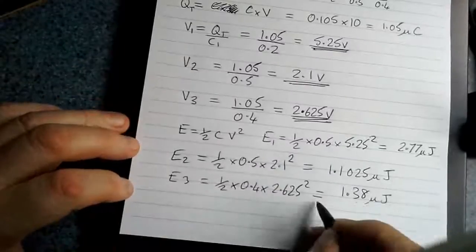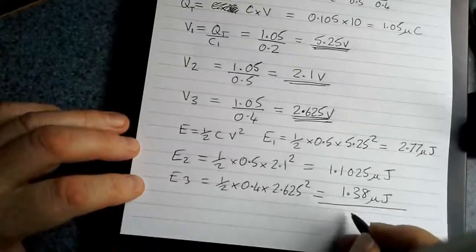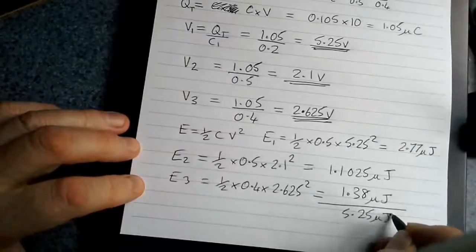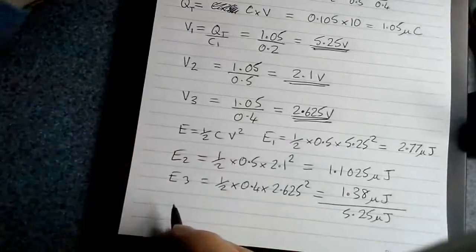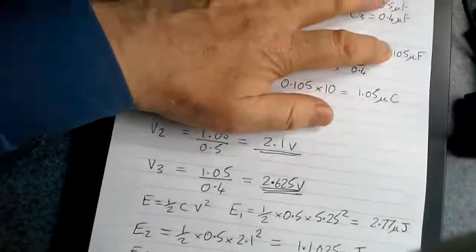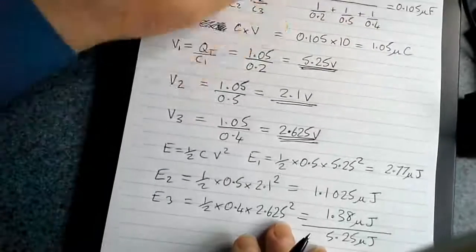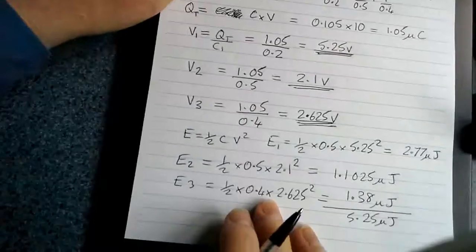If I add all of those together, and again allowing for a certain amount of rounding, I get about 5.25 microjoules. I can calculate the total energy in the circuit if I use the total capacitance, which we found up here, multiplied by the voltage on the circuit squared, which was 10 volts, and then half that.